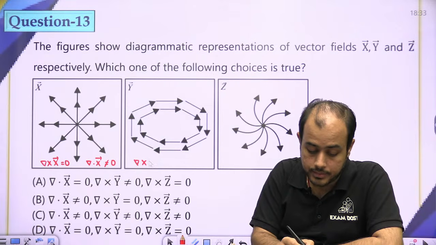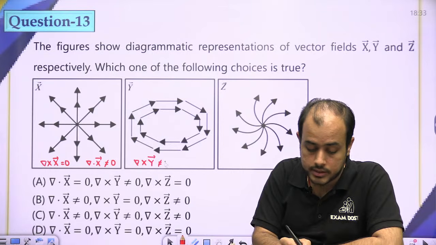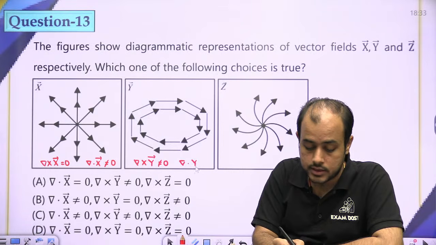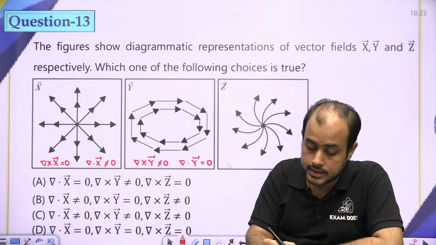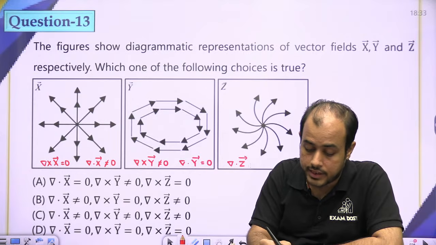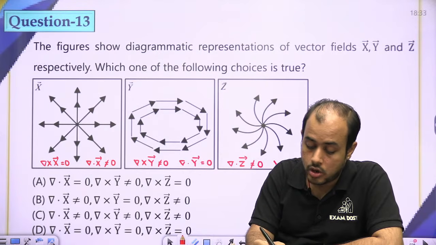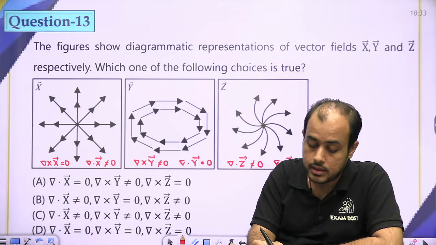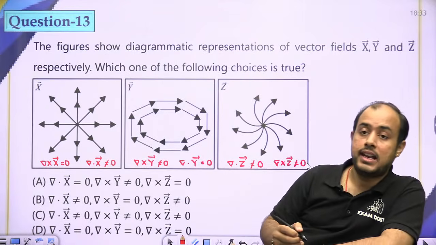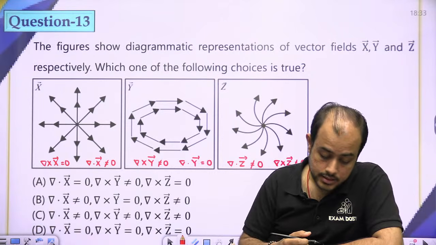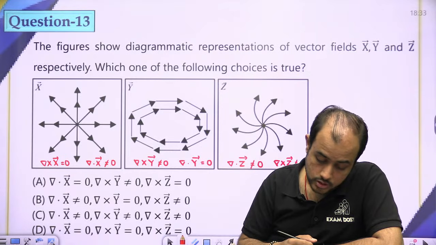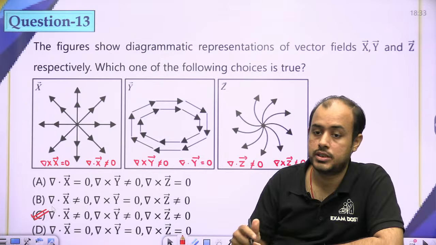This is curling, so curl will be non-zero, divergence will be 0. This is curling as well as diverging, फैल भी रही है और घूम भी रही है. तो घूमना इज कर्ल, फैलना इज डाइवर्जेंस. तो del dot x non-zero, del cross y non-zero, C option.